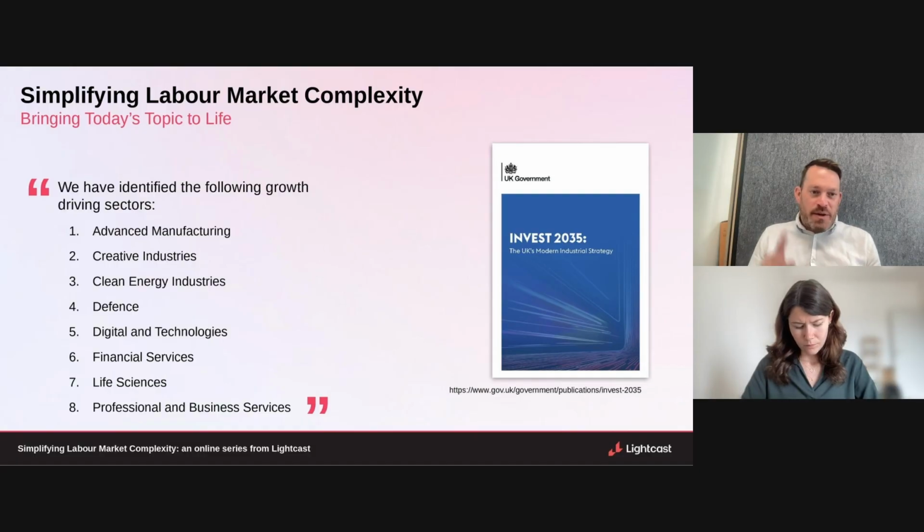Those include advanced manufacturing, creative industries, the green agenda, defense, which has obviously been a topic that's been rising up the agenda more recently, digital and technology, financial services, life sciences, and professional and business services. So these are key framing components to where investment and focus lie. And that makes a lot of sense, in terms of where we're well placed or where we know the world is going towards.